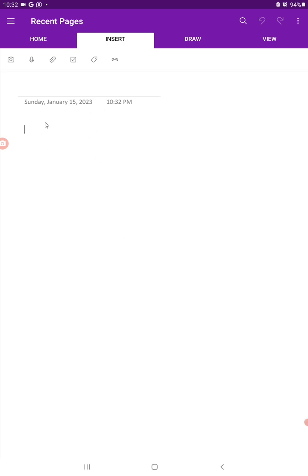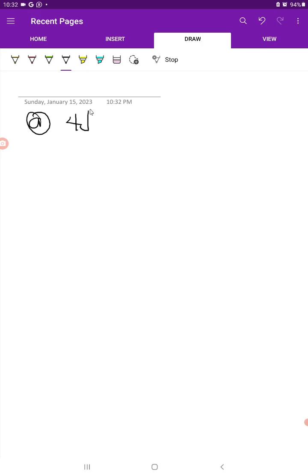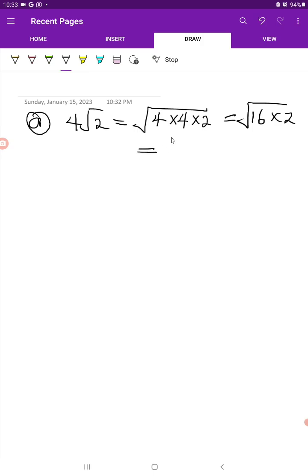If you are to evaluate such, you are changing it to a single surd. You take this 4 inside, it will be 4 times 4 times 2, which is root 16 times 2, which is equal to root 32. So it's as if you call it a single surd.